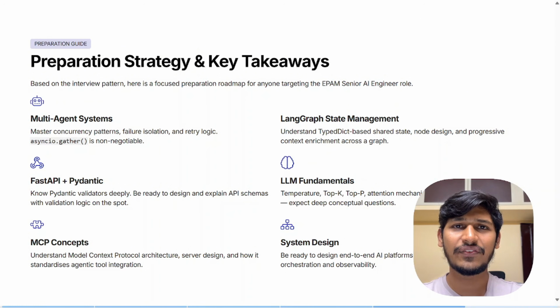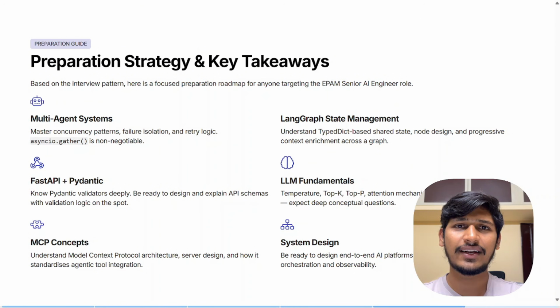And here is the final takeaway for this interview. You can prepare on multiple agents and master concurrency patterns, failure isolation and retry logic using asyncio.gather, as it's non-negligible. And we can prepare mostly on FastAPI and MCP concepts.